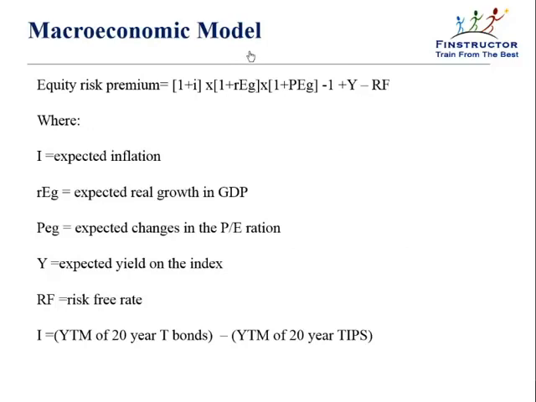The next forward-looking estimate comes from the macroeconomic model. So the macroeconomic model says that the return given by equity, or the return given by any index, can be broken up as dividend yield and capital appreciation. Dividend yield can be forecasted, and capital appreciation can be further broken as that coming from earnings growth and that coming from revaluation or changes in the PE ratio.